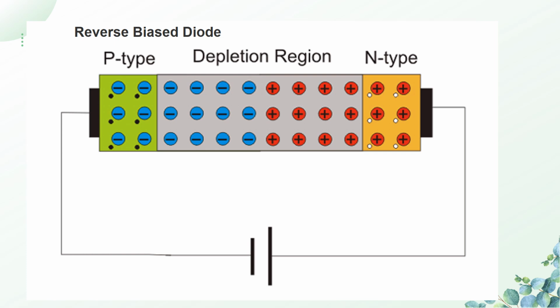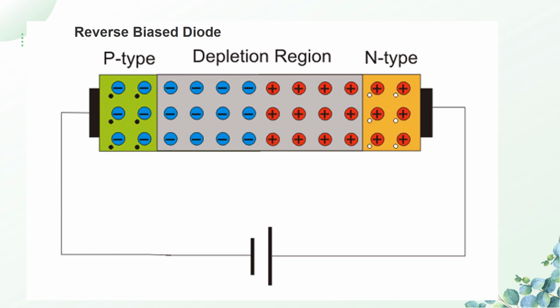These opposite charge carriers attract each other. The holes from the p-type material will be absorbed by the negative terminal of the battery, and similarly the large number of electrons in the n-type material are attracted towards the positive terminal of the battery.